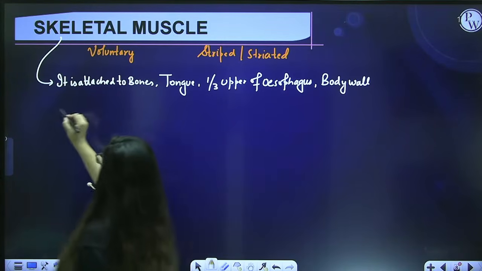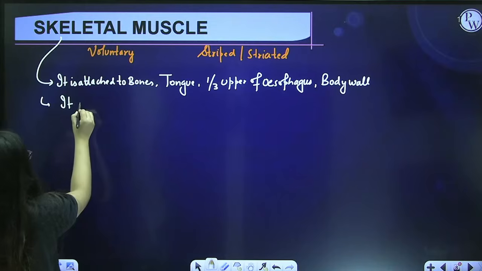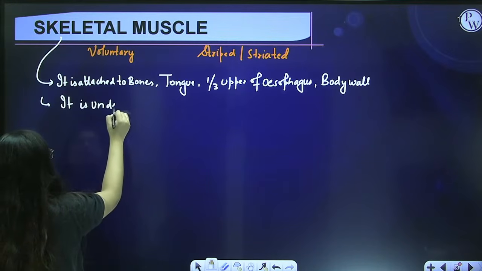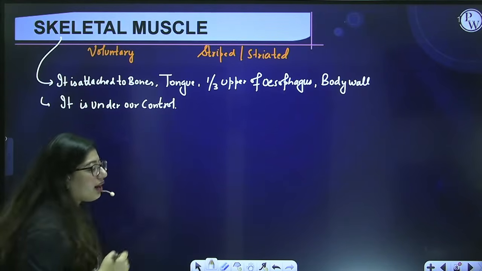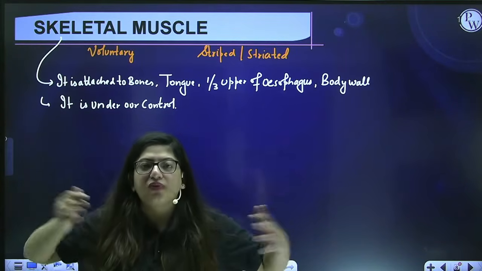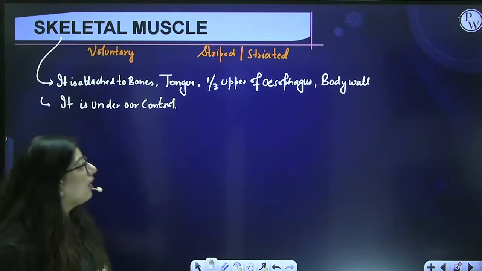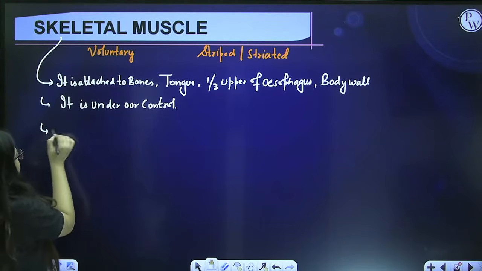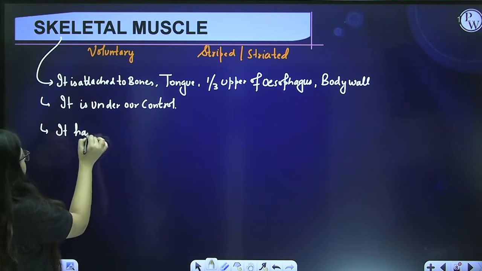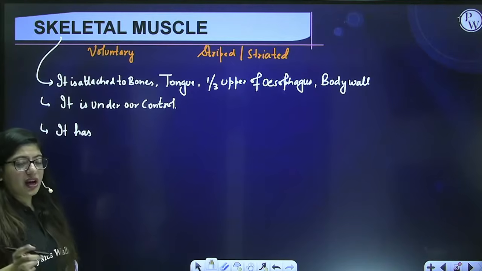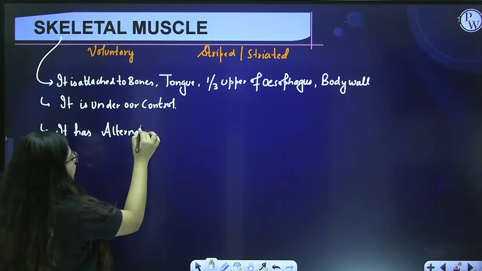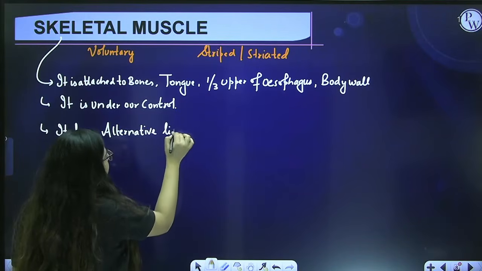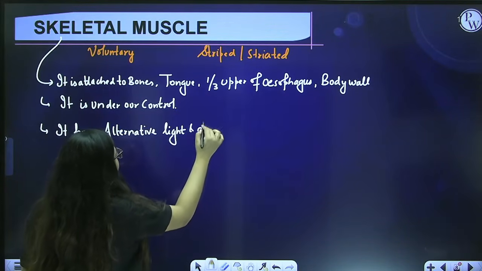Second, we say it's voluntary. It is under our control, and this is why it is called voluntary. Whenever I want, I can move my arms. This is what voluntary is. Third, it has striations, and these striations are due to alternating light and dark bands.